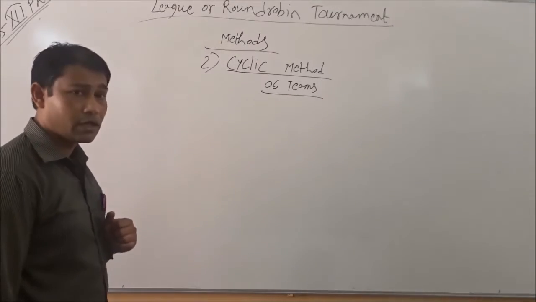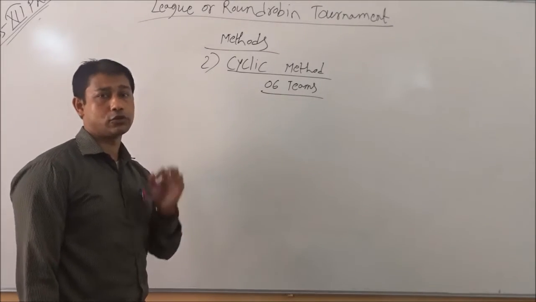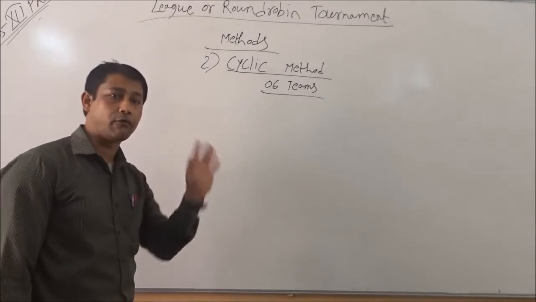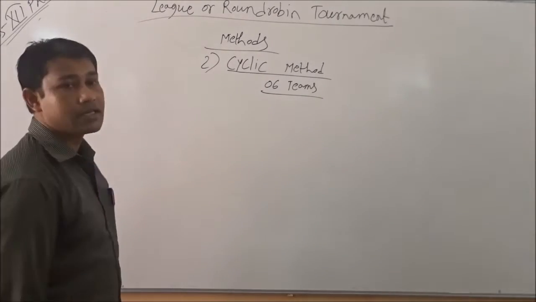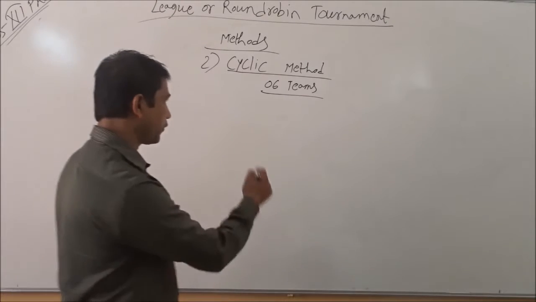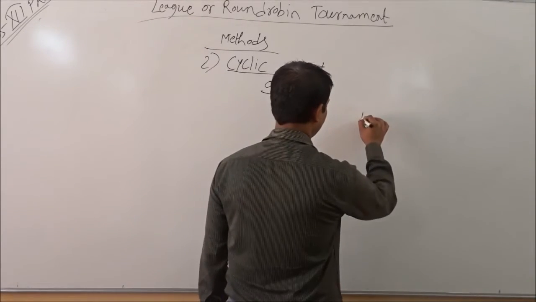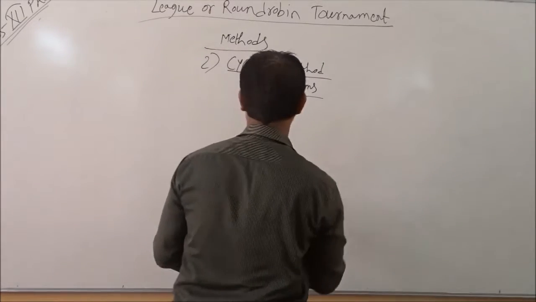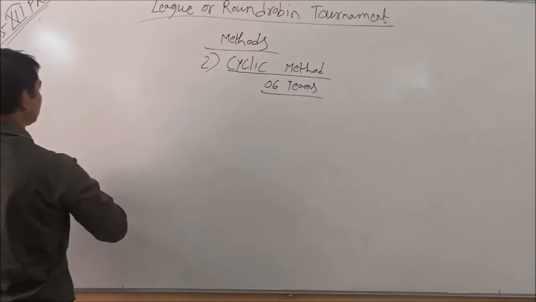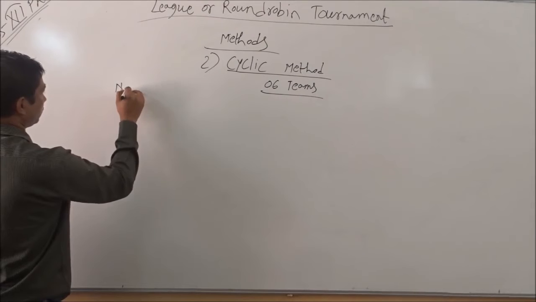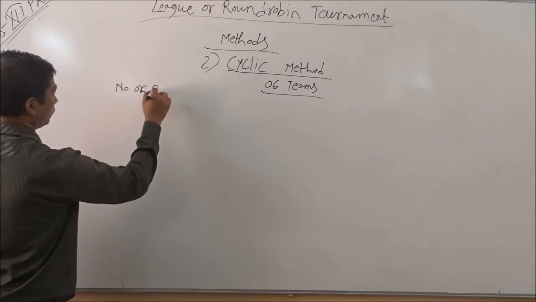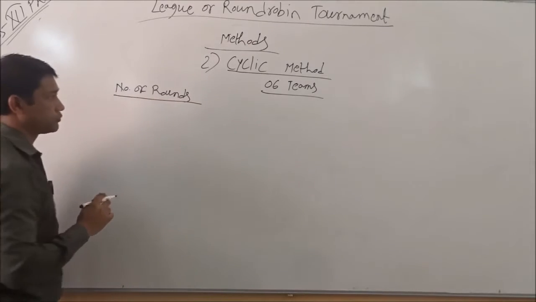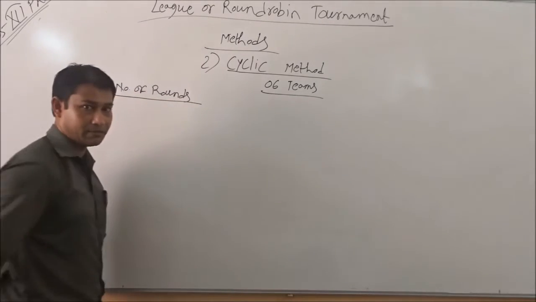So here we need to find out number of rounds, which we didn't require in staircase method. So for 6 number of teams, number of rounds, 6 is an even number.